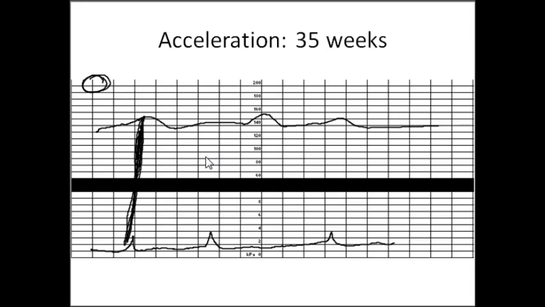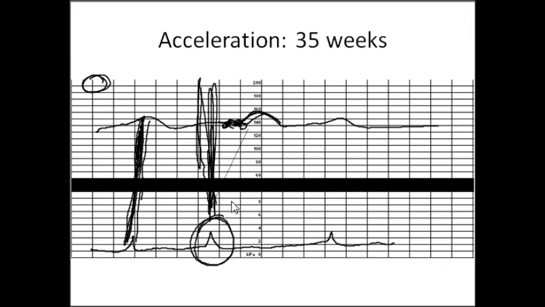Now a late acceleration, we see our uterus contracting at this time, right here. Now, a minute or so later, I don't think I drew this as well as I could, but shortly after that uterine contraction, we may see the onset of the acceleration, with the peak occurring not in congruence with the uterine contraction.